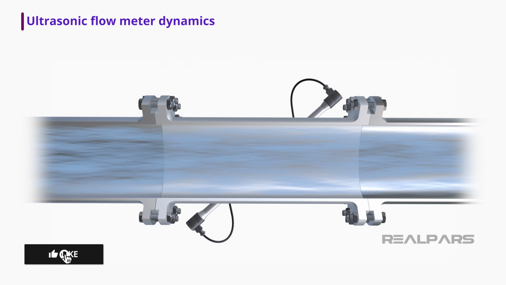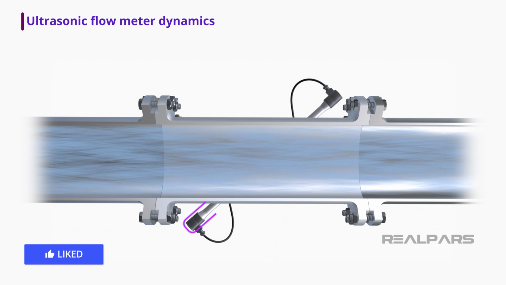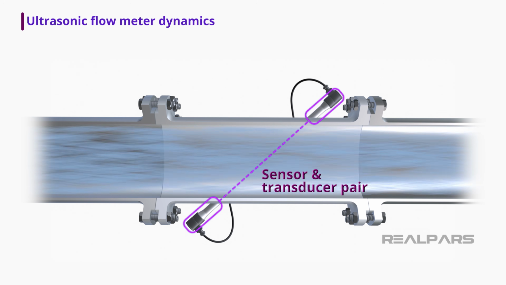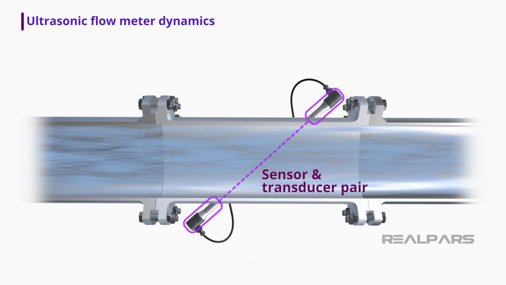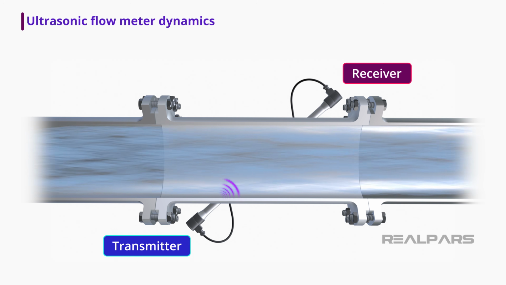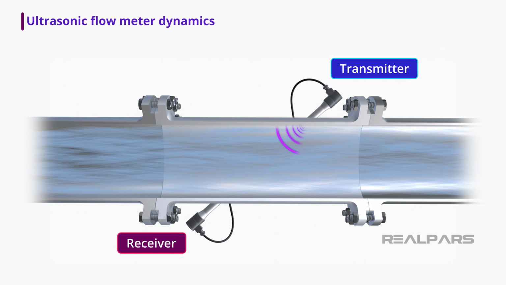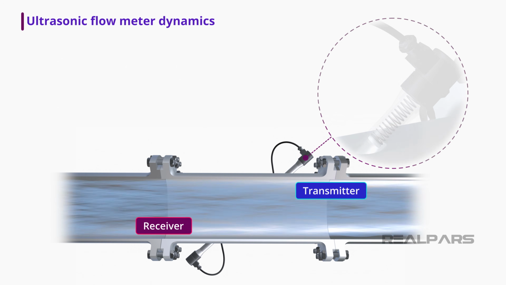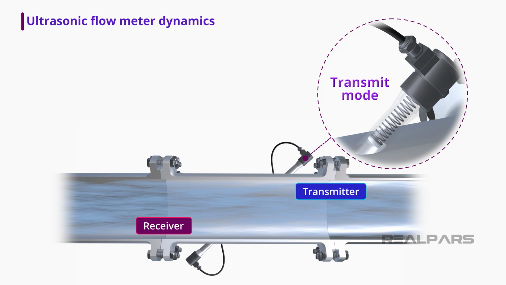So, I will put these three principles together. An ultrasonic flow meter consists of at least one sensor and transducer pair. Each member of the pair can act both as a transmitter and a receiver. When in transmit mode, an oscillating electrical current creates a vibration in the piezoelectric crystal, and an ultrasonic wave is sent through the flowing fluid.